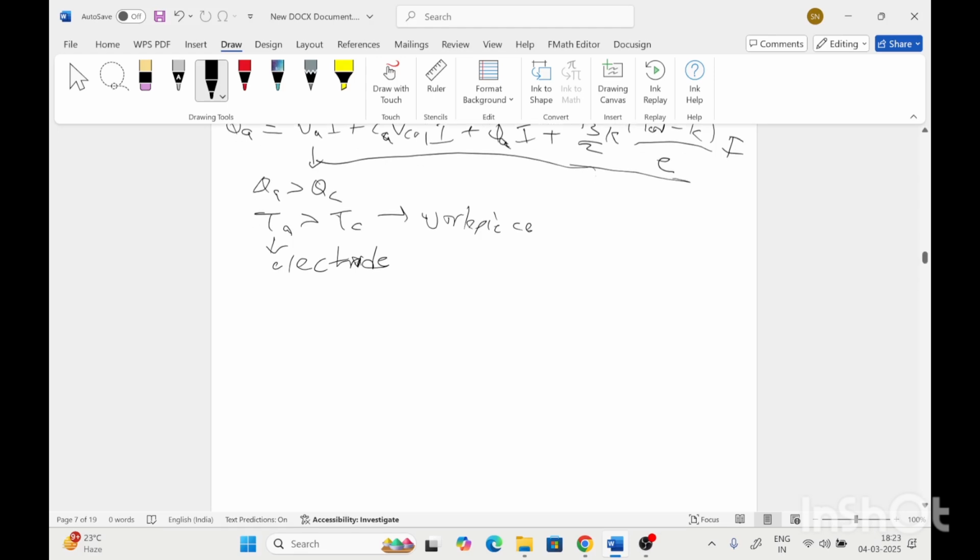So if we talk about the different types, now we can write NP is the total energy transferred to the workpiece.